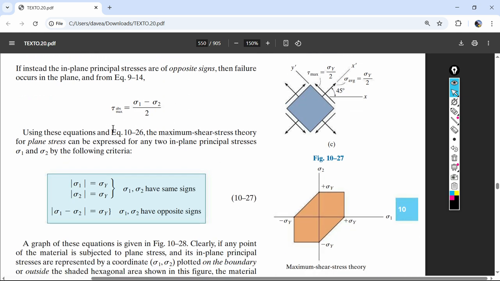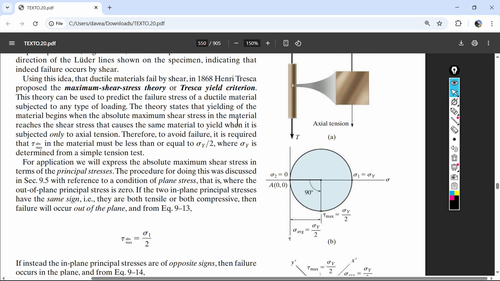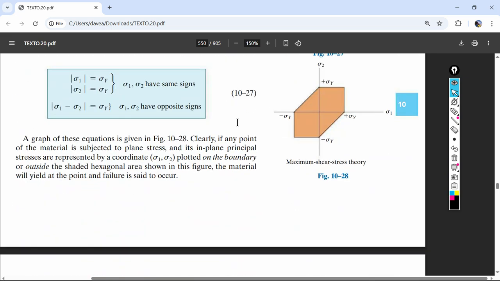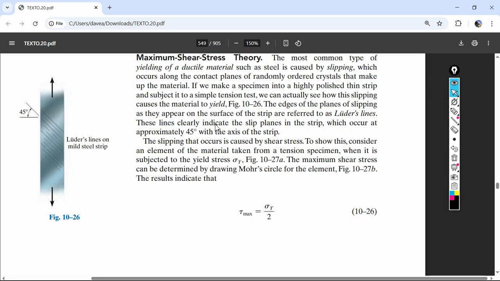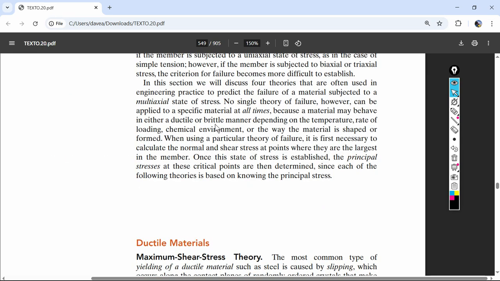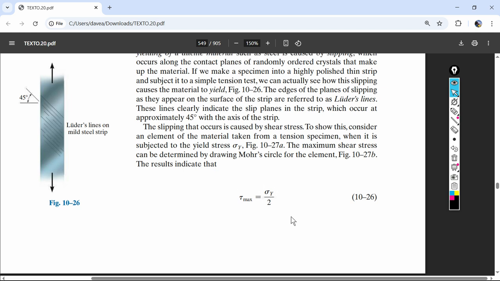All right, using these equations, equation 10.26, let's see, did they write an equation? There's 10.27. Oh, here's equation 10.26: the shear max is the normal compression divided by 2.